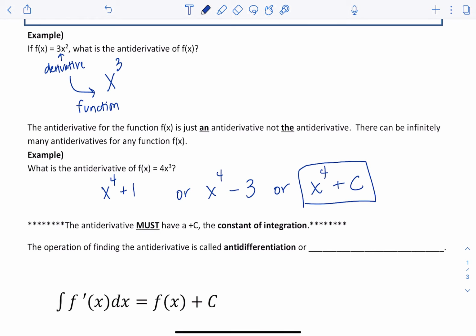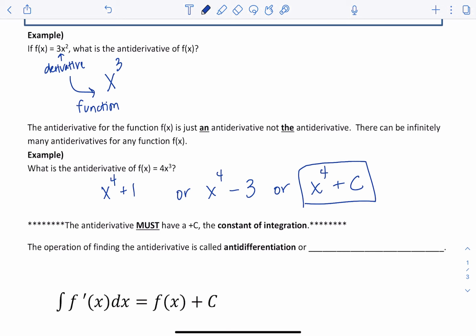There will be some times that we find it, but we have to know a little extra information first. So every one of these antiderivatives needs to have this plus c, so that we recognize that any constant would also have this particular function, in this case 4x cubed, as its derivative. So always put a plus c.